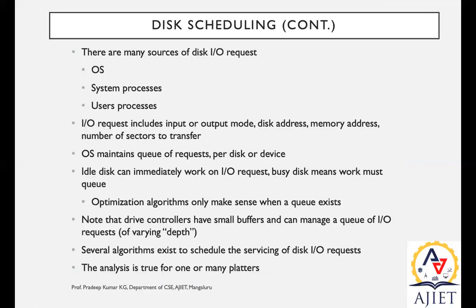When we say disk scheduling, there are three major sources of IO request you are supposed to consider. One is the OS, the operating system, another one is system processes, and then user processes.